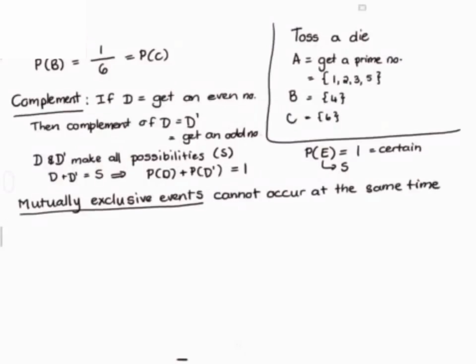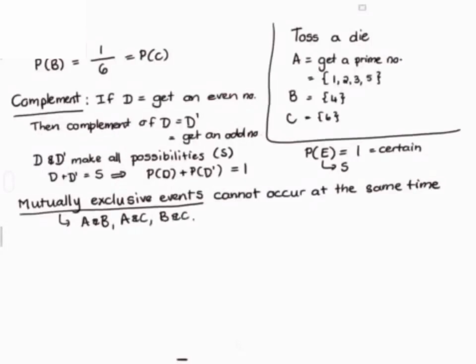So in our example, complements are definitely mutually exclusive because they can't be the same, because the one is like the opposite of the other one. But A and B are mutually exclusive because you can't get a value from A and a value from B at the same time. A and C are mutually exclusive.